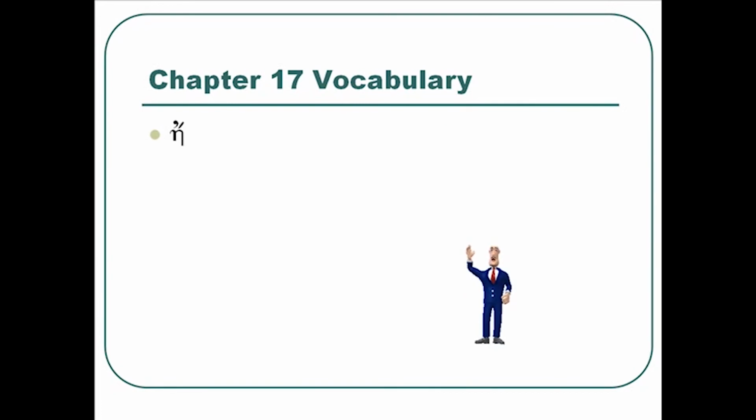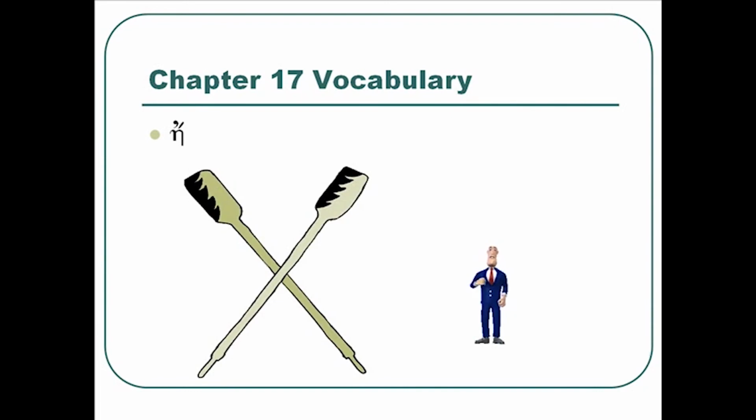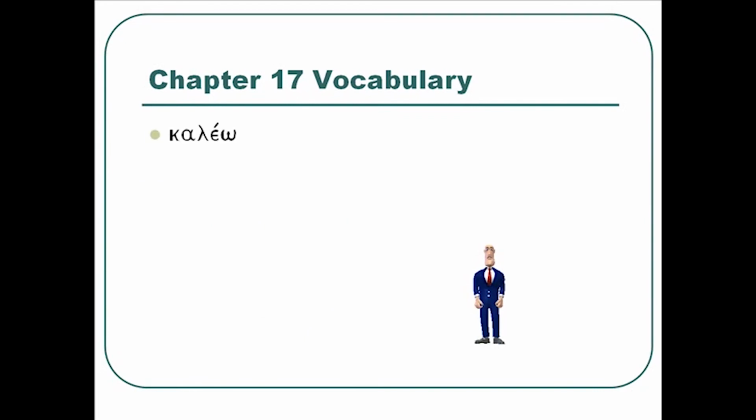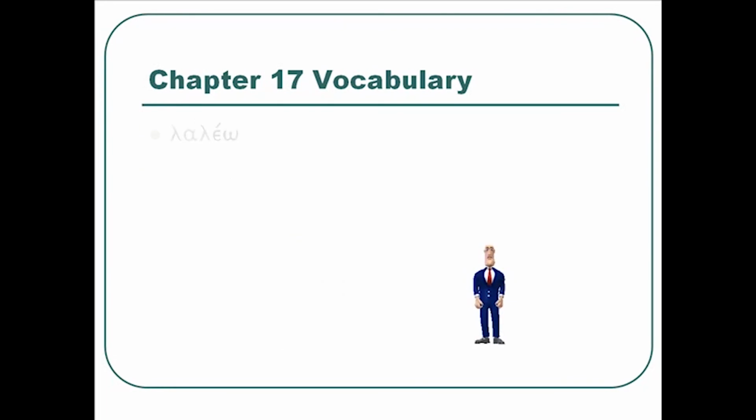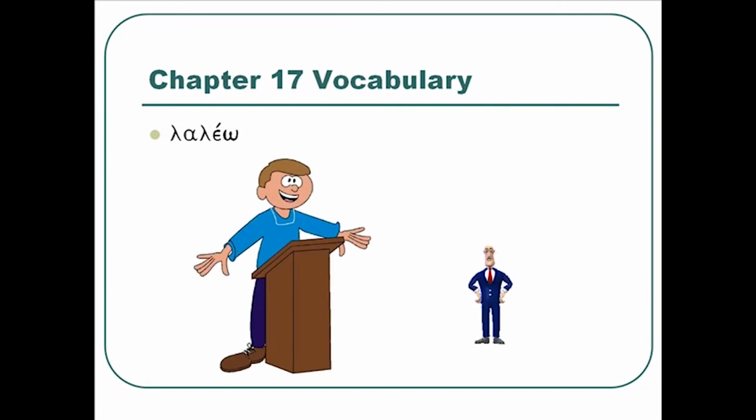The fifth word is e, and it means or either. The sixth word is kaleo, and it means I call. The seventh word is laleo, and it means I speak or say.